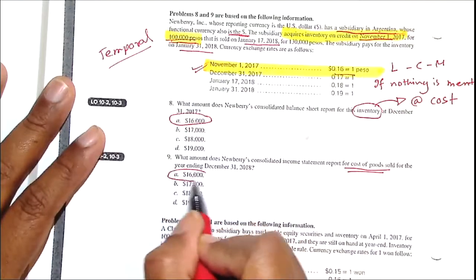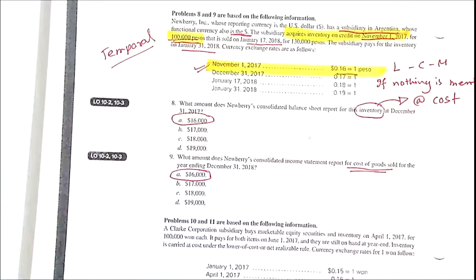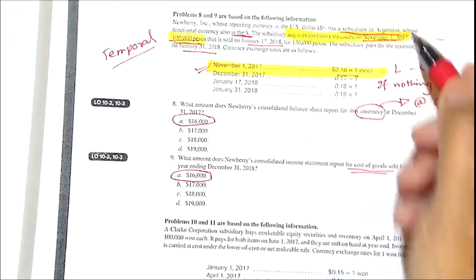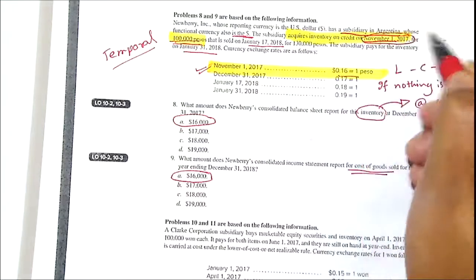So the answer will be, again, 16,000. Right. So remember, cost of goods sold and inventory, we record as per the purchase price. And for these items, the historical date means when the item is created, which means when you first purchase the inventory. So you purchased the inventory first on November 1st. So this is the historical rate.